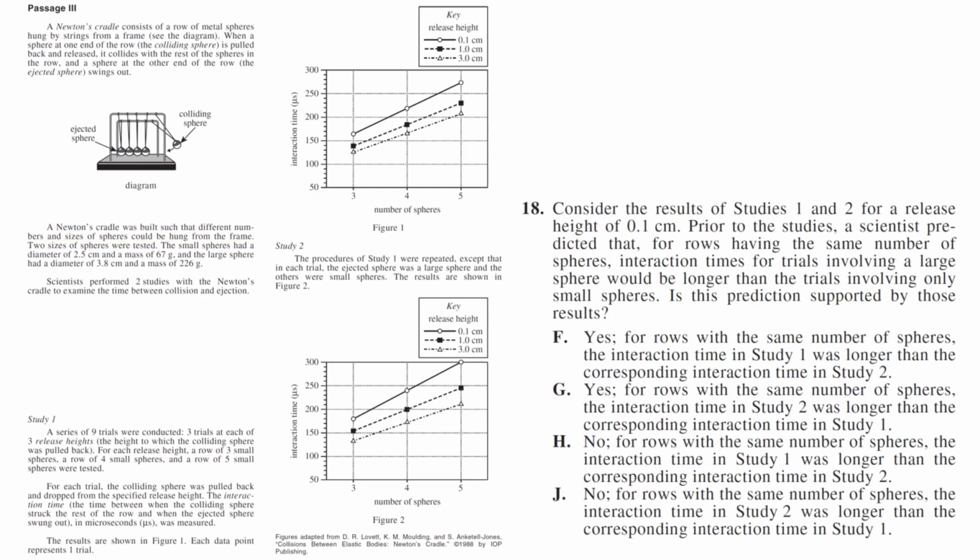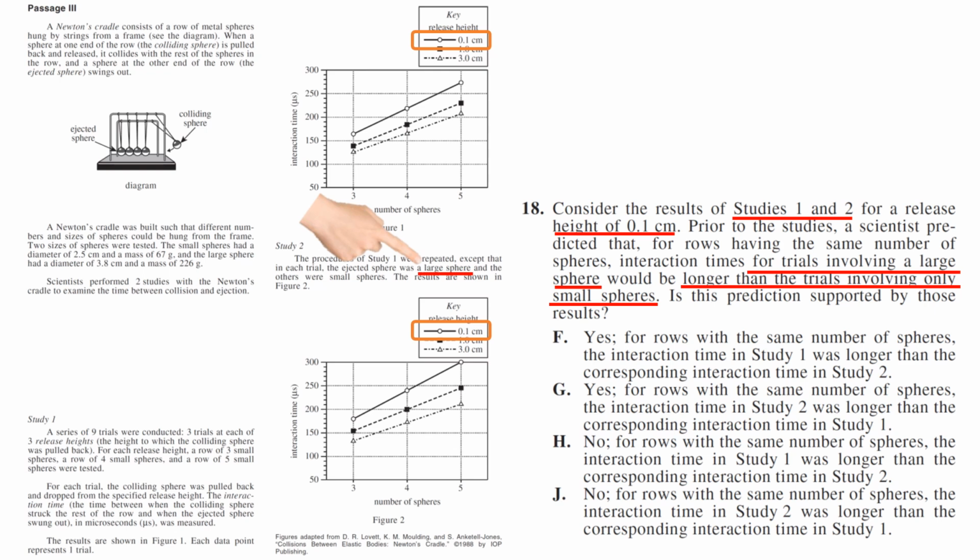Number 18, consider the results of study 1 and 2 for a release height of 0.1 centimeters. We're using the circle. Prior to the studies, a scientist predicted for rows that had the same number of spheres, interaction time for the trials having a large sphere would be longer than for the trials that involved only small spheres.